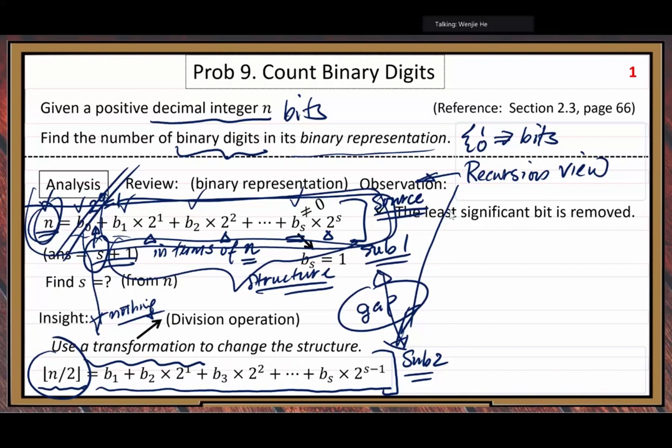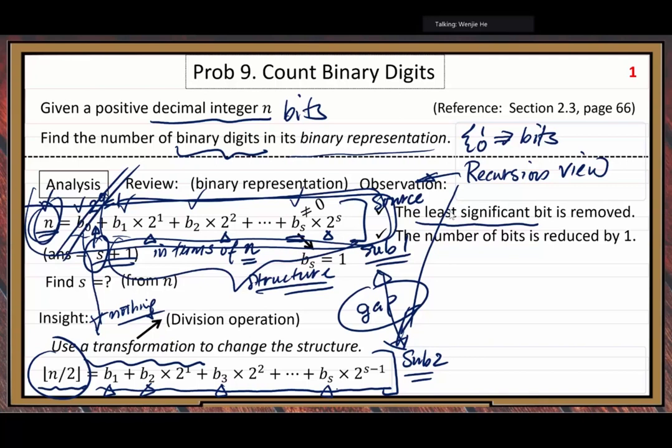The least significant bit is removed. B0, that's the least significant bit, removed when we do the transformation. After that, the number of bits is reduced by 1, right? All the other bits remain. You remove the first, least significant bit, then all the other bits remain.